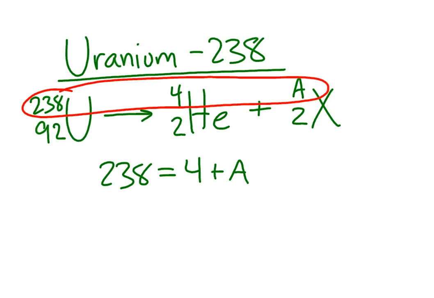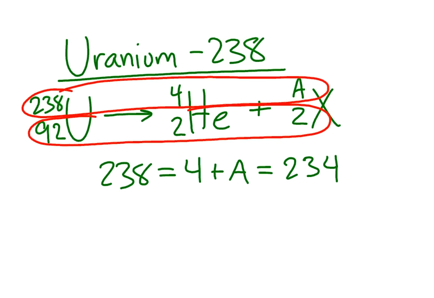And then if I do that, I'm going to end up with A equaling 234. Okay, and then if I look at the other number on the bottom, same idea. Actually, that looks like a 2, so I'm going to make that a Z. There we go.